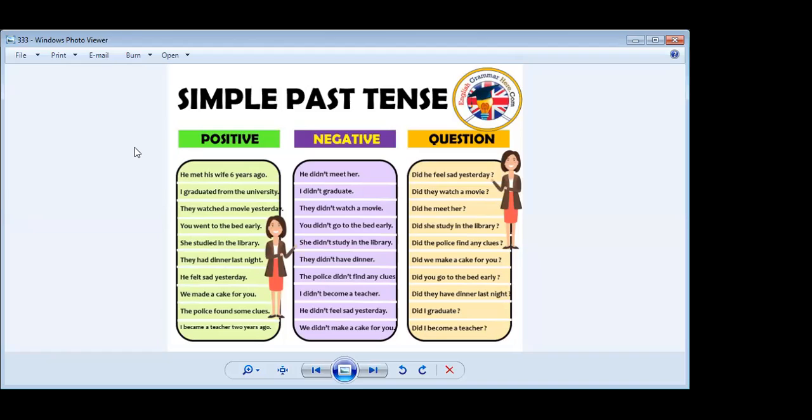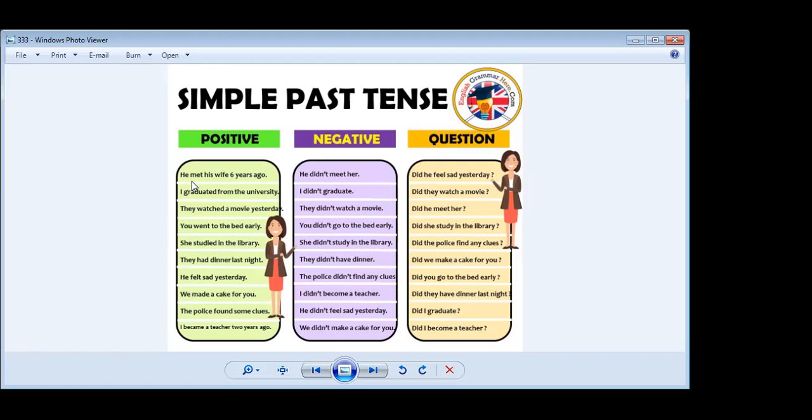I know that all of you know those two forms, regular and irregular, okay? So with the regular, we add ed: graduated, watched, studied. So some of the verbs in simple past are regular, and in the regular form we add ed, and others don't have a regular form, so we call that irregular verb.